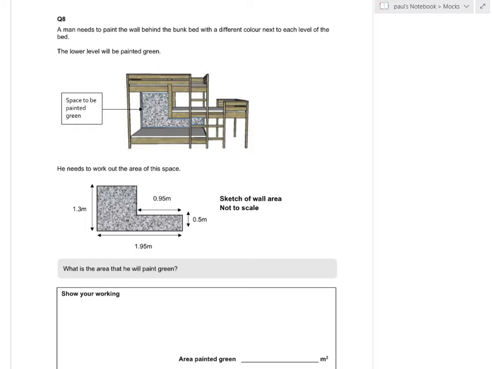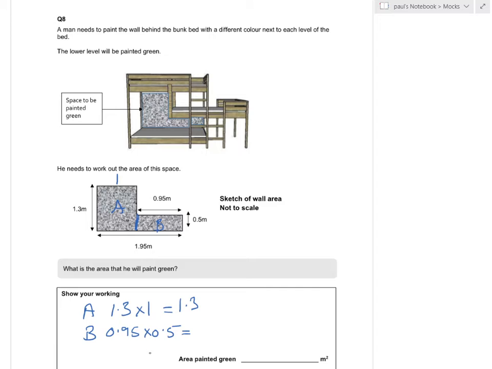So let's divide that as usual up into 2 parts. 1.95 minus 0.95 is 1. So the first part, A, is going to be 1.3 times 1, which equals 1.3. And the second part, we'll call that B, is going to be 0.95 times 0.5.